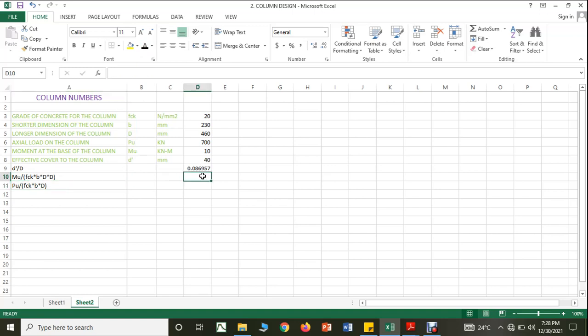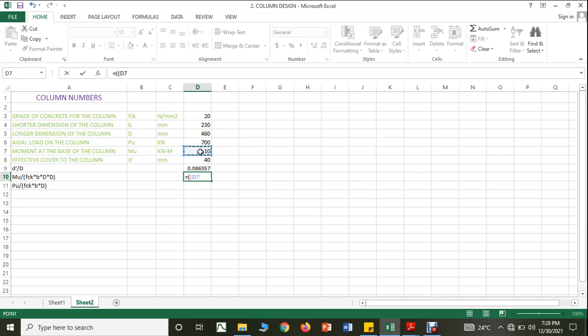Yes. So when you are doing this, I can first open two brackets. First will be Mu, which will be in kilonewton meter. I am supposed to convert it to Newton mm because my B value and D value are in mm.